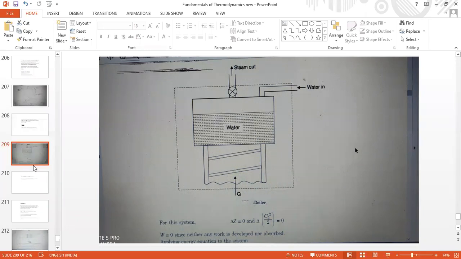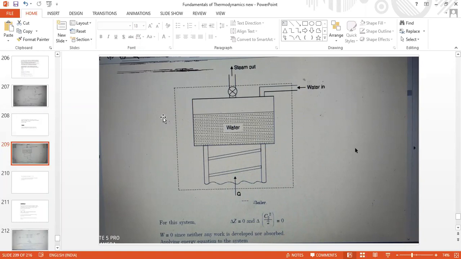Some more examples we will see in other classes. An evaporator is another type of heat exchanger. A condenser is one more type of heat exchanger. All these don't deal with work.